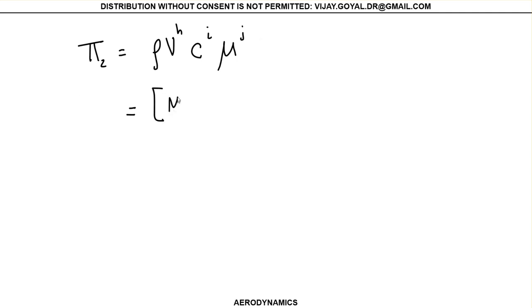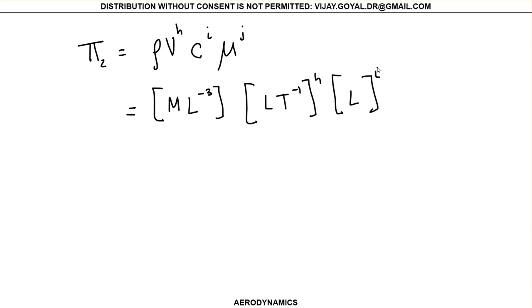This is M, L to the minus 3, the first term. My speed is length times time to the minus 1, to the H power, length to the I power, M L to the minus 1 T to the minus 1, to the J power.